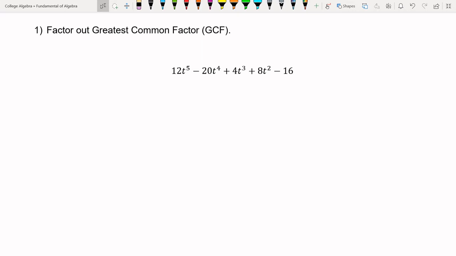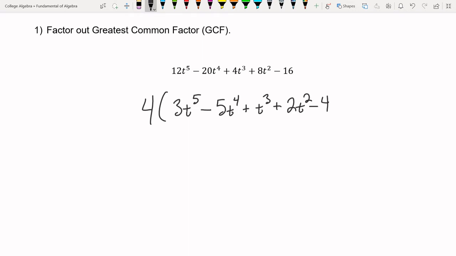In this case, we can take out a 4 from all of these terms. So take out a 4, we get 3t to the 5th minus 5t to the 4th plus t cubed plus 2t squared minus 4. You see that I divided every single coefficient by 4.